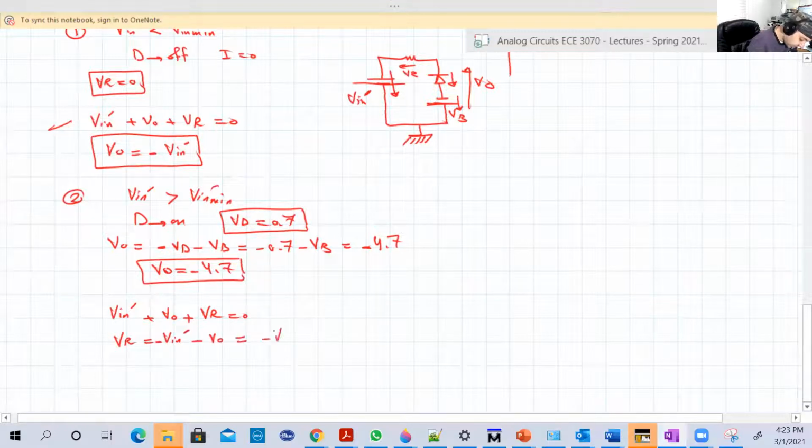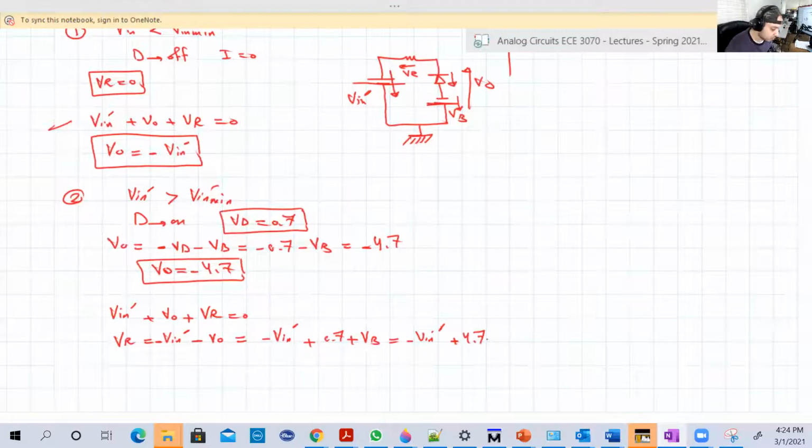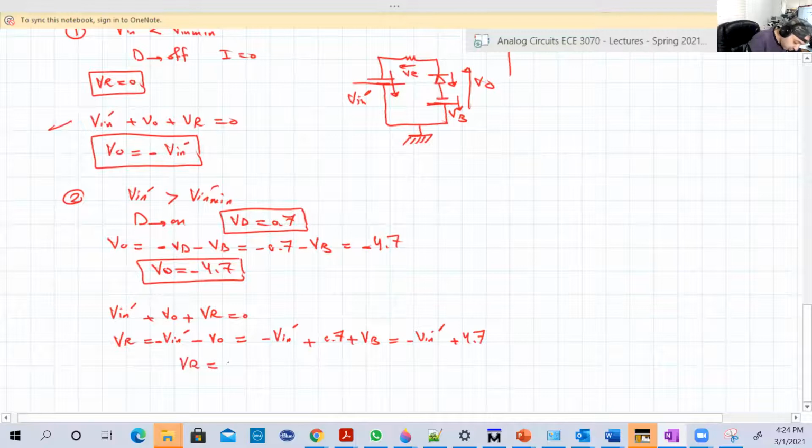So equal to minus V input dash plus 0.7 plus VB. Or we can say minus V input dash plus 4.7. Good. So now let's draw all of that. So we have all the equations we need. It's just a matter of plotting now.